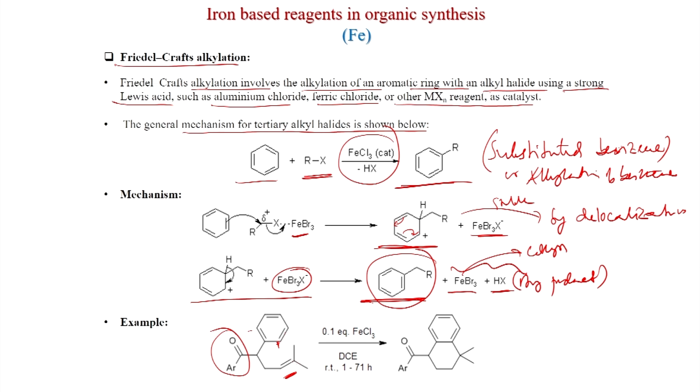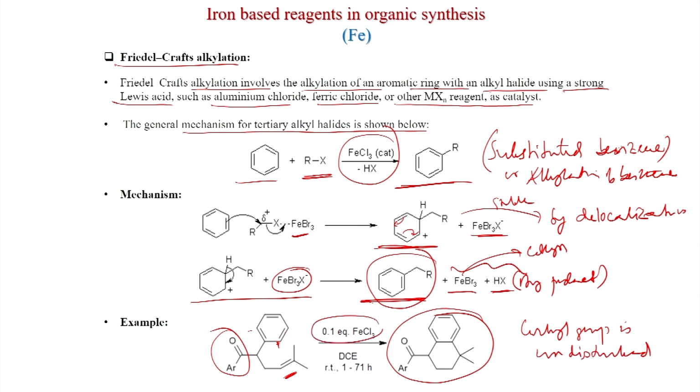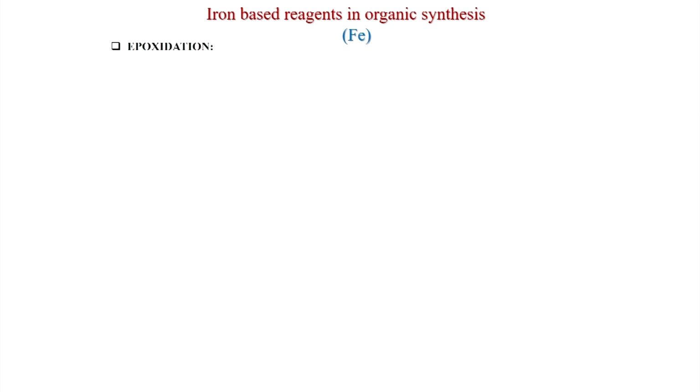So, Friedel-Crafts reaction will happen here and you get this compound. So, this is very important. The carbonyl group is undisturbed in this reaction. So, only 0.1 equivalent ferric chloride, dichloroethane solvent, room temperature, 1 to 71 hours, you get this product. This was published in Organic Letters 2018.